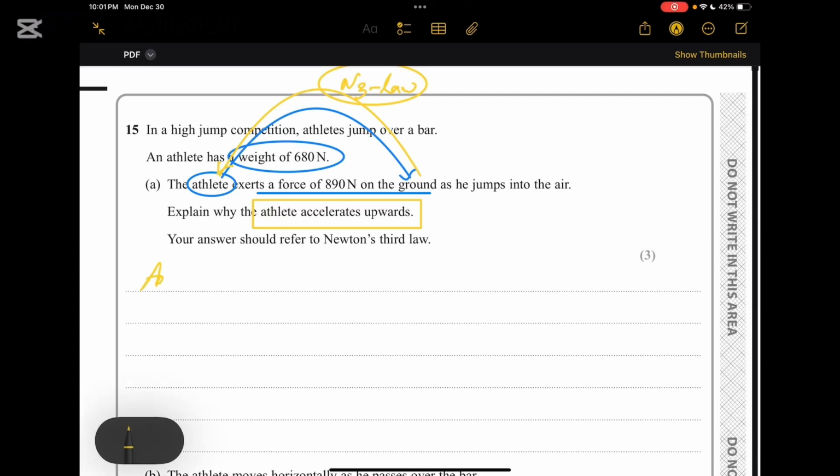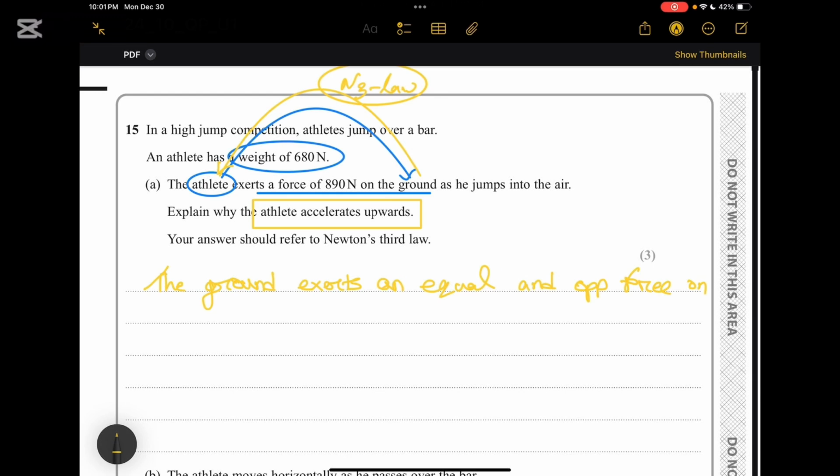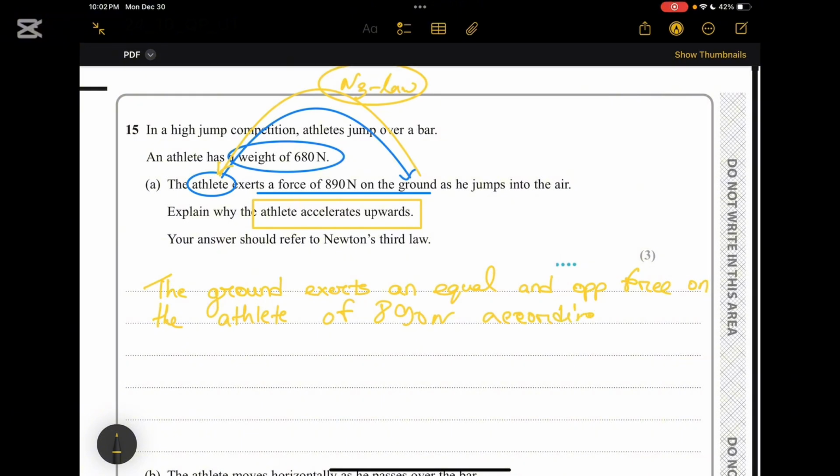According to Newton's third law, the ground exerts an equal and opposite force on the athlete of 890 newtons. I have written N3, but please don't write N3 in your exam, write Newton's third law.